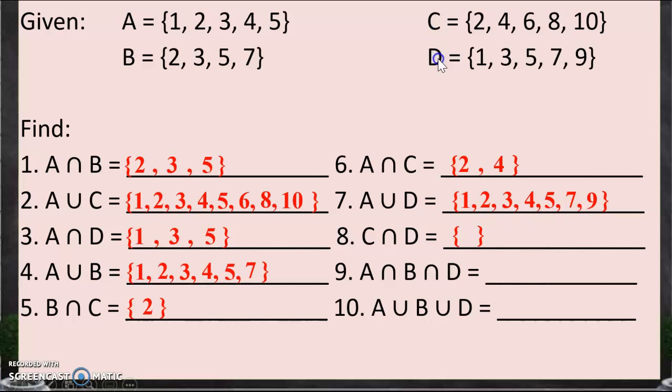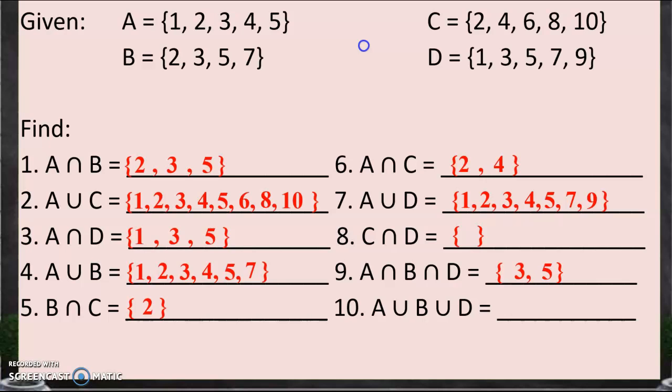Number 9. A intersect B intersect D. What are the common elements between A, B, and D? So we have 3 and 5. So 3, 5.